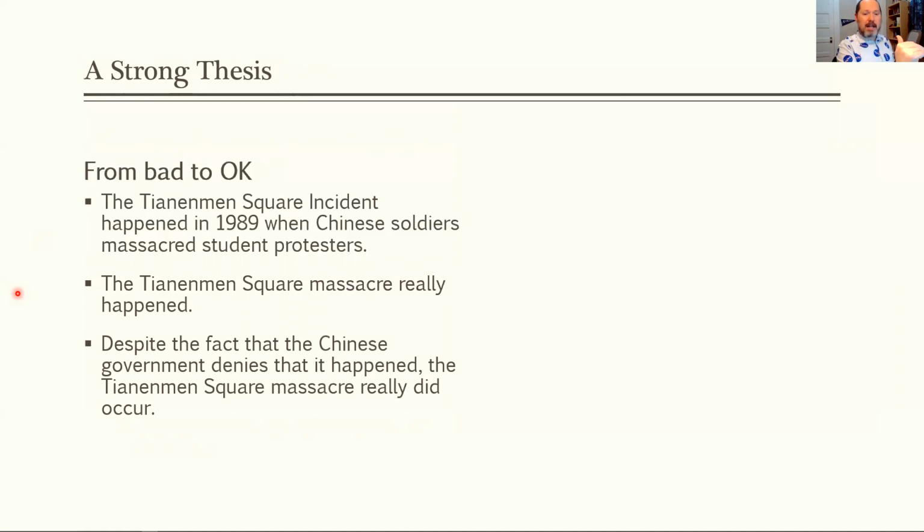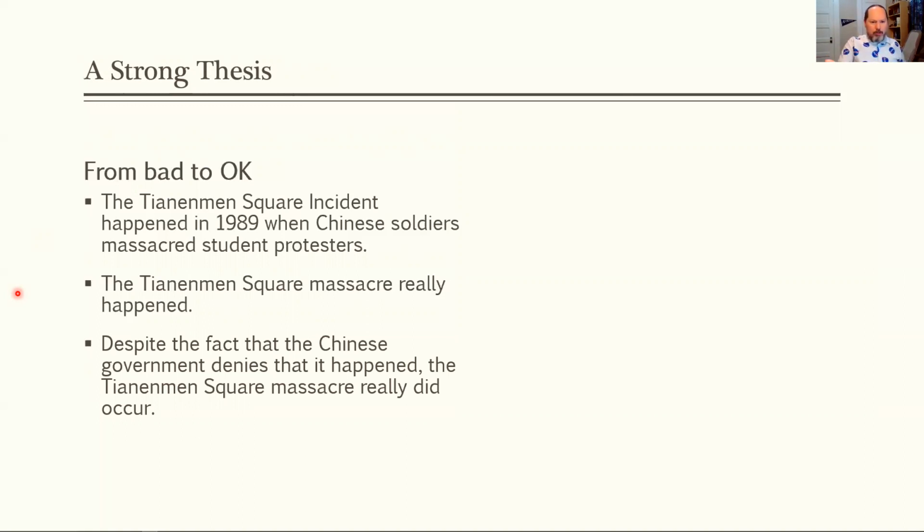"Despite the fact that the Chinese government denies that it happened, the Tiananmen Square massacre really did occur." Okay, now you're on the right road. You're on the right path because you indicate that there are denialists. The Chinese government denies it happened, but despite that, it really did occur, and you're indicating that you're going to argue against this denialist claim. Okay, this is still just okay though.